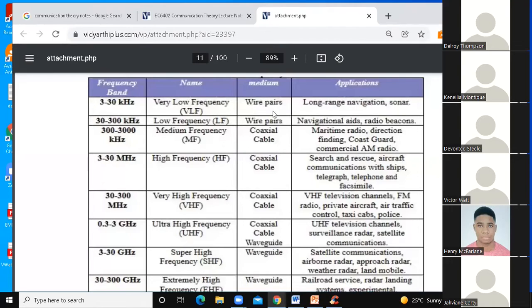You remember when you guys did electromagnetics, and we did coaxial cable and wire pairs and waveguides and all of that? Look how it comes together.